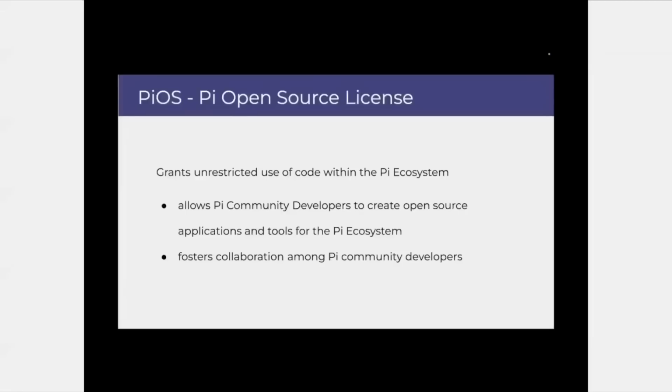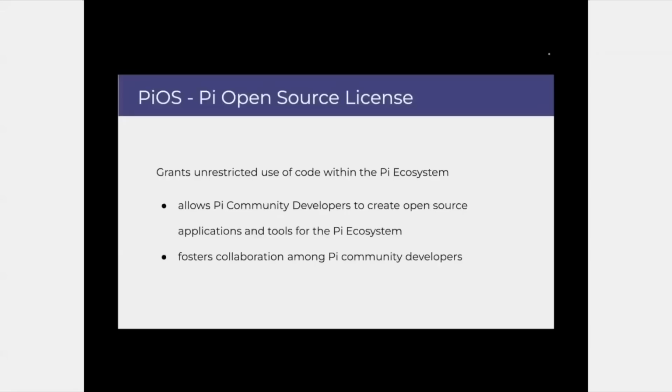Now, one other thing that we recently created is a specific open source license for Pi. We call it Pi OS, Pi open source, and it specifically grants unrestricted use of the code, similar to how the MIT license works, but within the Pi ecosystem.